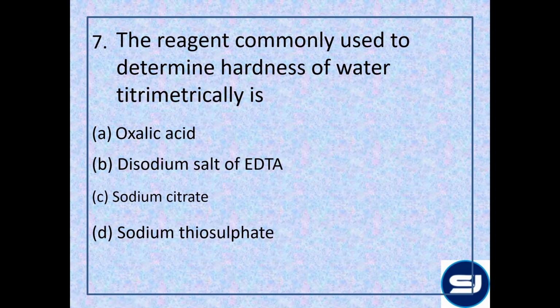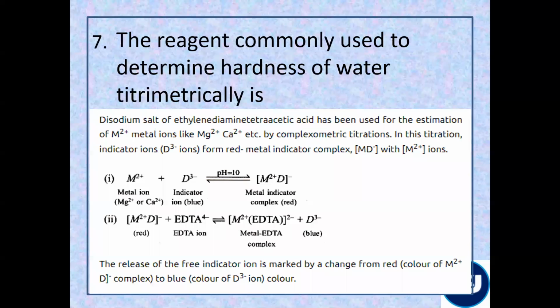Ethylene diamine tetraacetato. अब actually होता क्या है? Let's see. Disodium salt of ethylene diamine tetraacetic acid has been used for estimation of metal ions like magnesium or calcium by complexometric titrations. Complexometric titration matlab the titrations in which the complexes are formed.